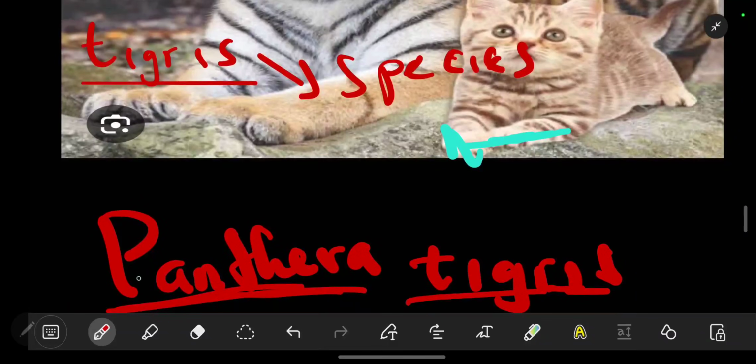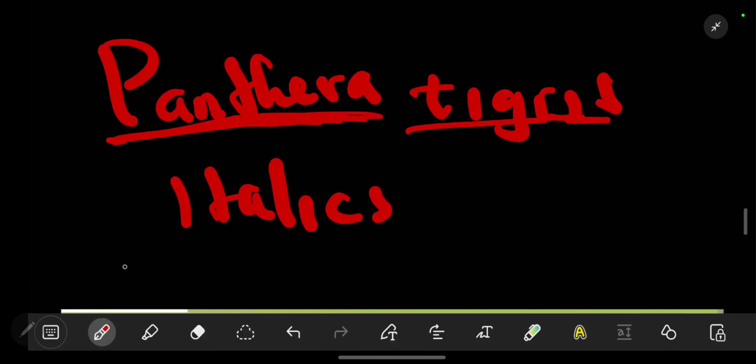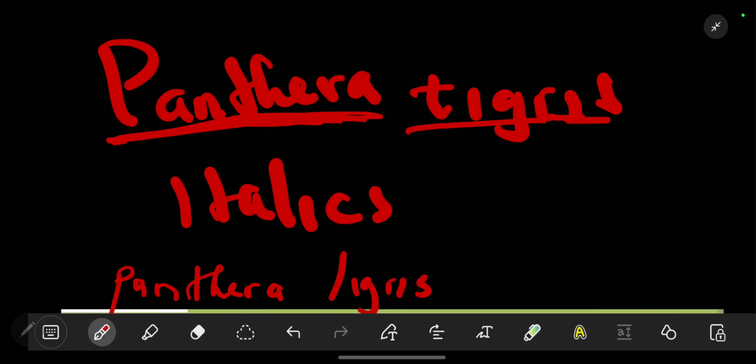So you will write Panthera tigris. If it is typed, you will write it in italics, like this: Panthera tigris. So this is how we do it.